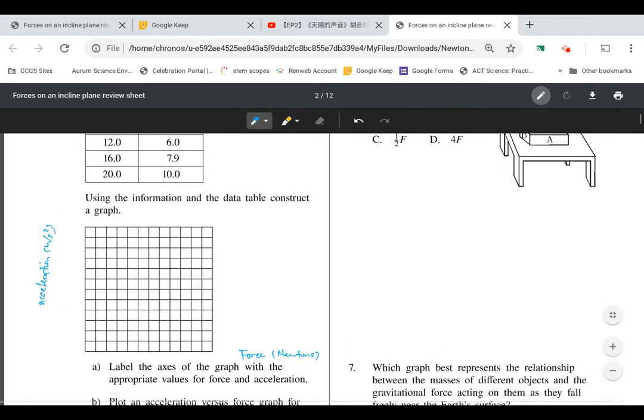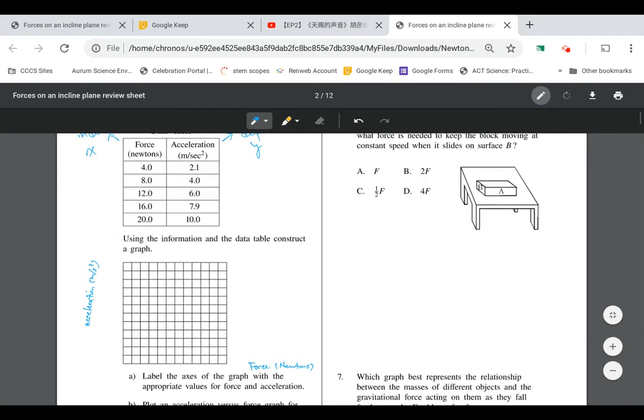Then you need to put your numbers down, right? So 0, and then I'll mark each one as 2. So 4 is right here, 8, 12, 16, and 20.